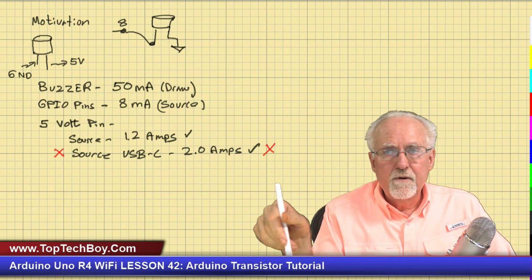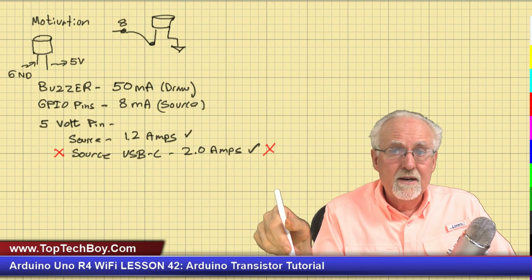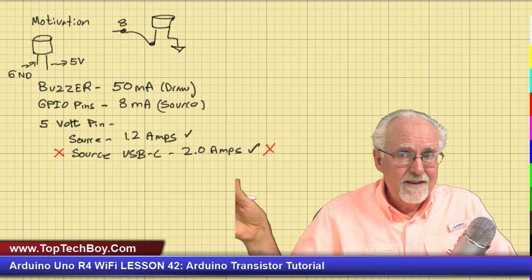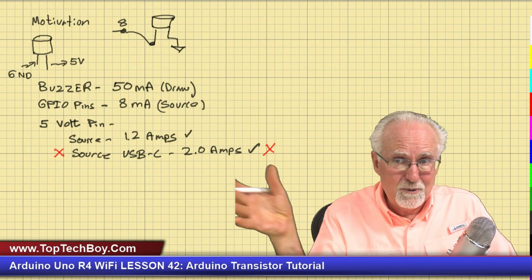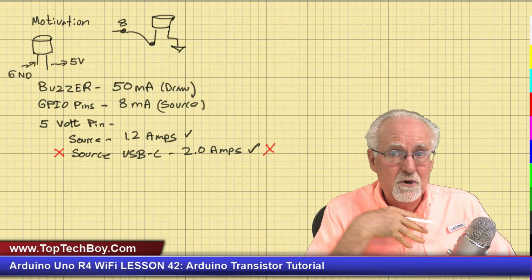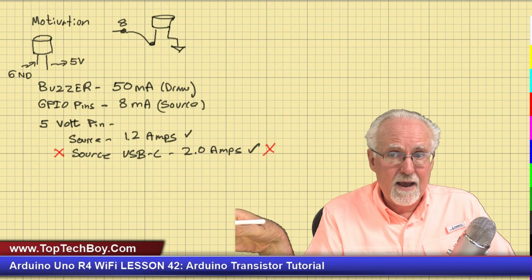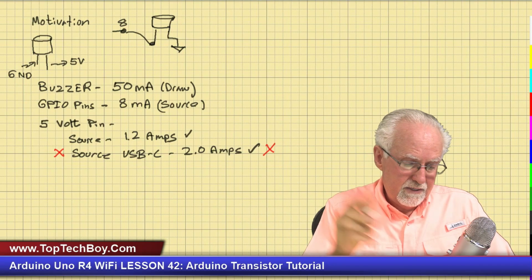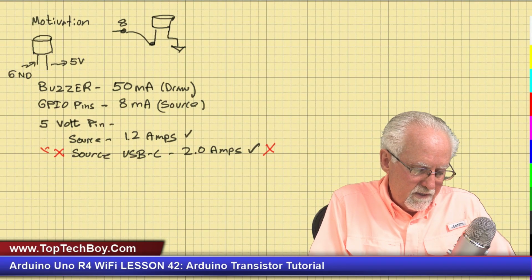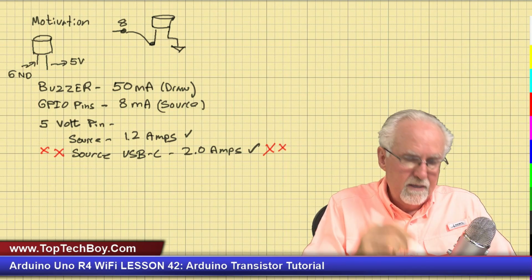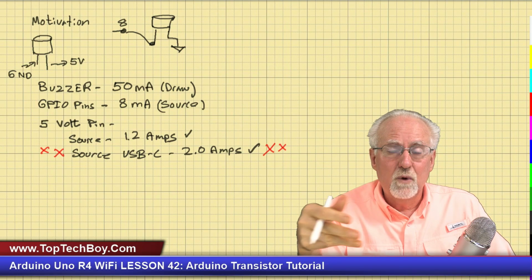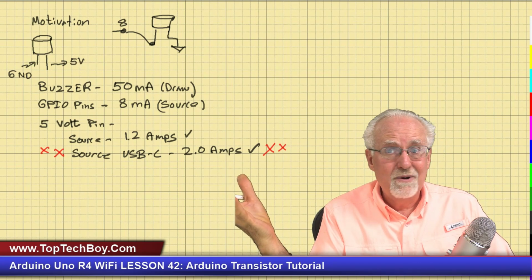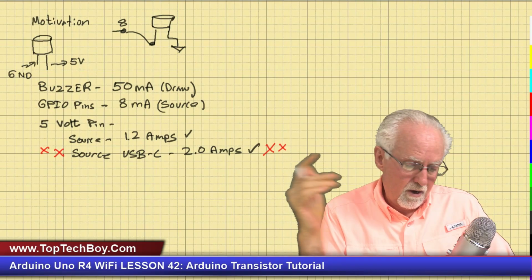I would never make an Arduino project that needed 2 amps and try to power that through my expensive desktop computer and risk, what if I hook something up wrong and burn out my USB port or something even deeper in the PC? I think it is a very bad idea to power things that require a lot of current from your desktop computer.